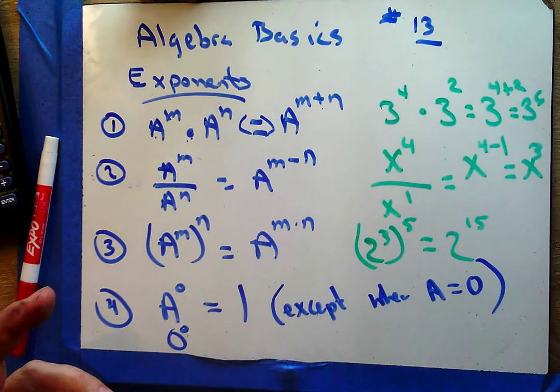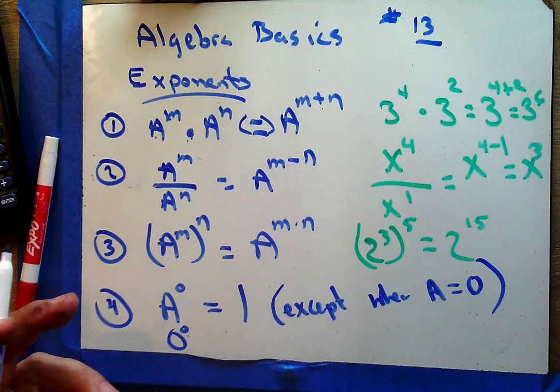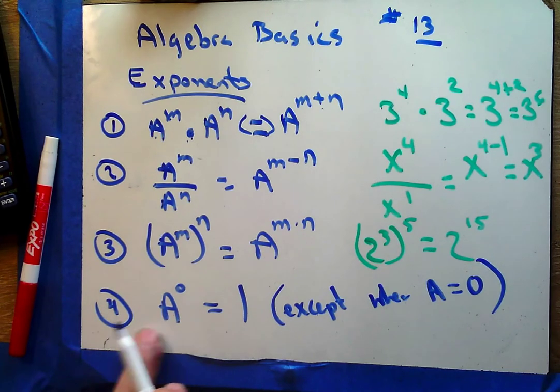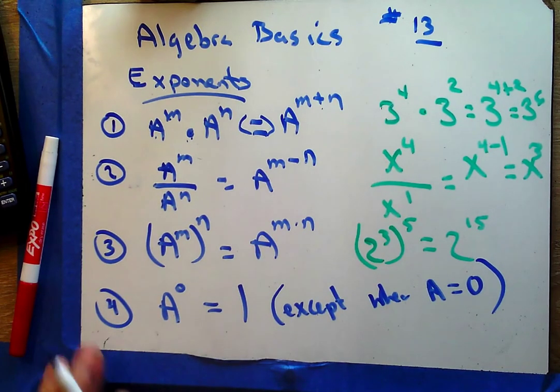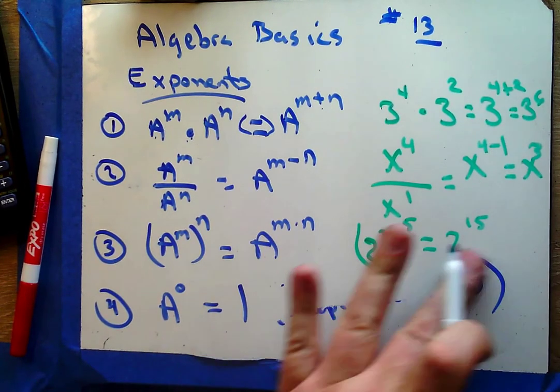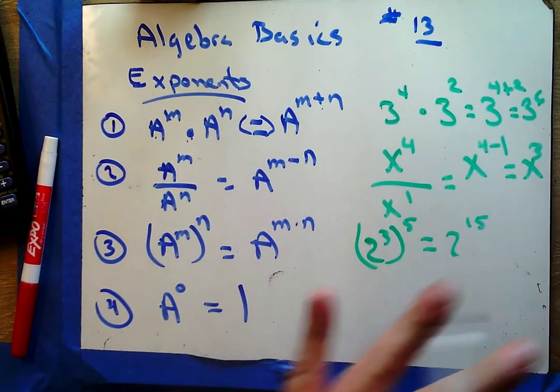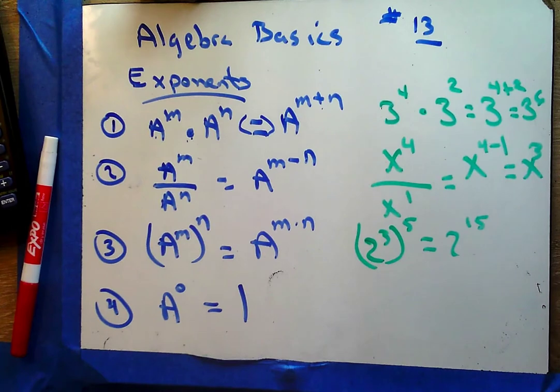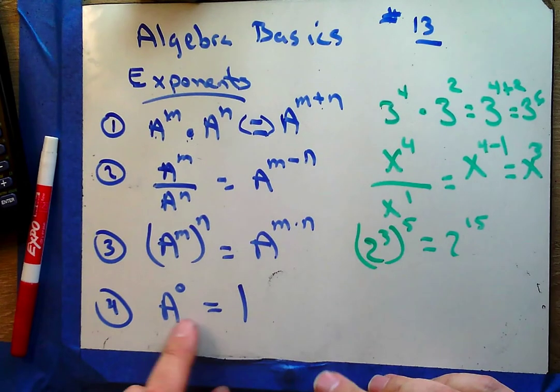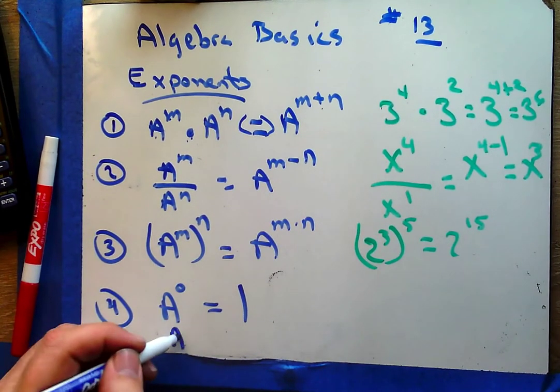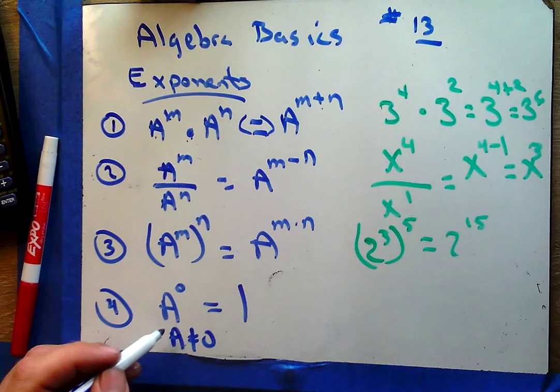Sometimes it's 1, sometimes it's infinity, sometimes it's 2/3. So this year we're still safe saying anything to the 0 power is 1, but since many of you will be moving on, I do want to open your eyes to the fact that what we really need here is a not equal to 0.